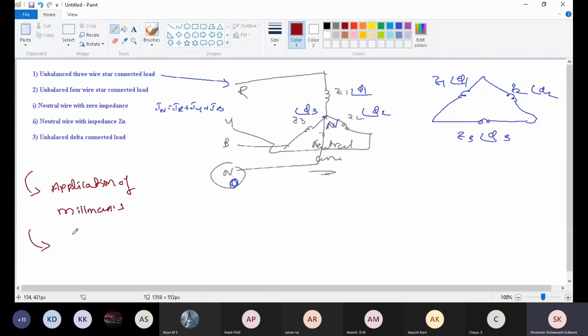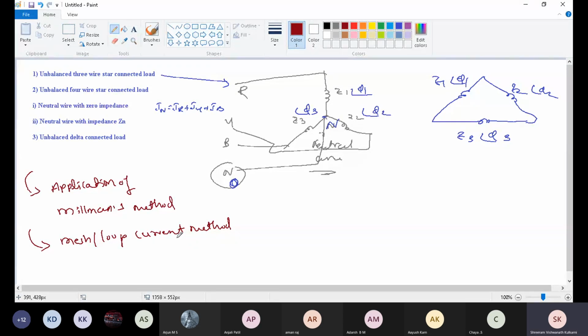Second one, mesh or loop current method. We are going to analyze unbalanced systems, whether star or delta connected, according to Millman's theorem or mesh loop analysis.